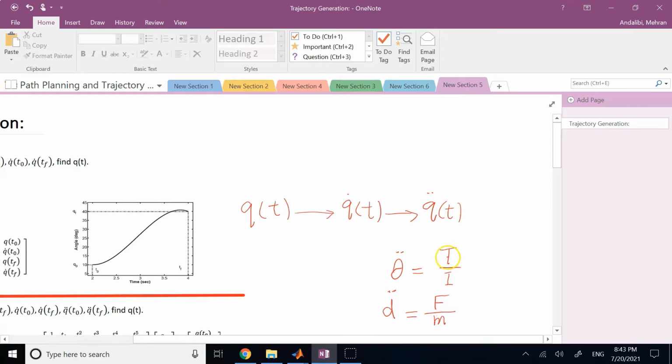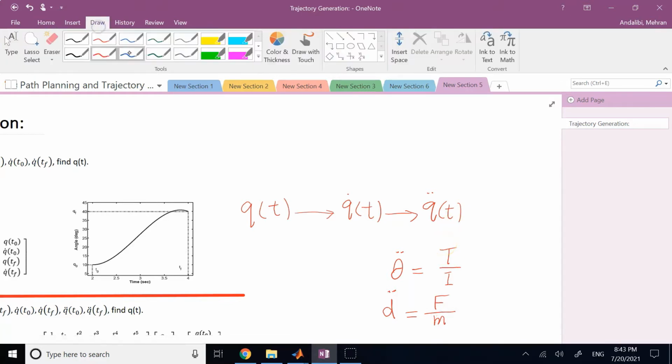You have physical limitations on the amount of torque that a motor can generate or the force that a linear actuator can generate. So when you divide them by I or M, your d double dot or theta double dot has some max values, correct?